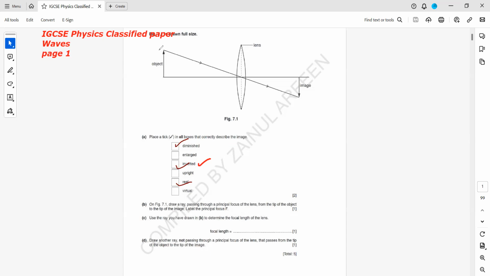If you compare the size of the object with the size of the image, the image is smaller, so it is diminished, and it is inverted, and it is real.